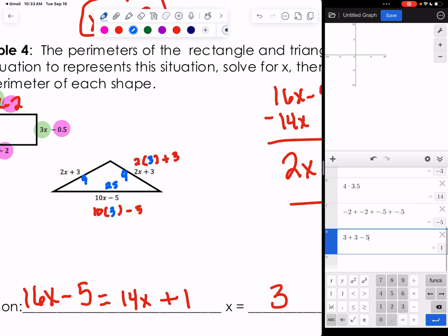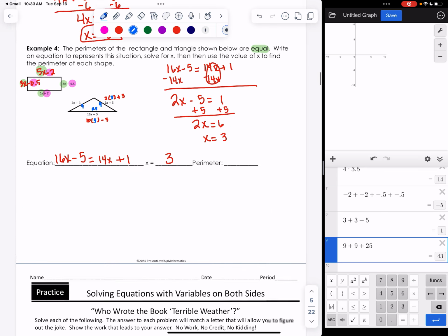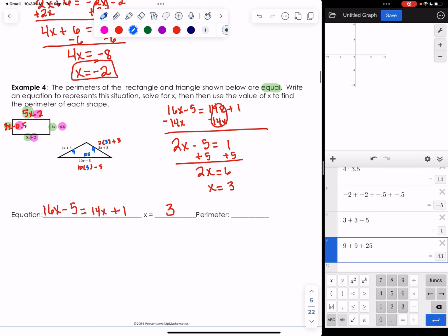And remember, to find the perimeter of a triangle, we add up all three sides. So 9 plus 9 plus 25 gives me 43. So my perimeter would be 43. And that concludes today's lesson, solving equations with variables on both sides.